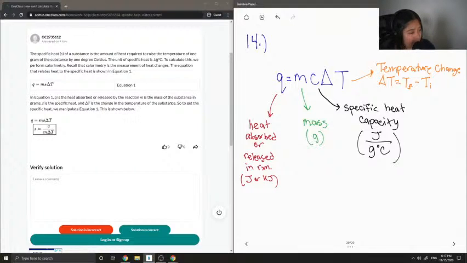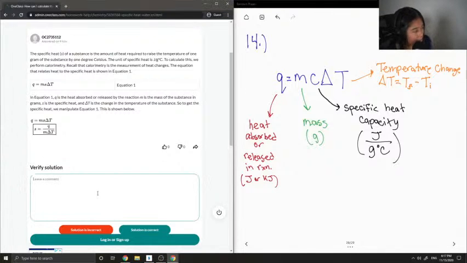M is the mass of the substance in grams. C is the specific heat, and delta T is the change in the temperature of the substance. To get the specific heat, we manipulate equation 1. Then they show how you would solve for the specific heat of a substance. So this solution is correct.